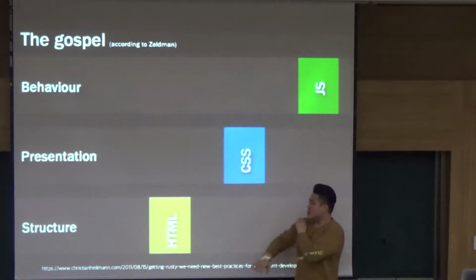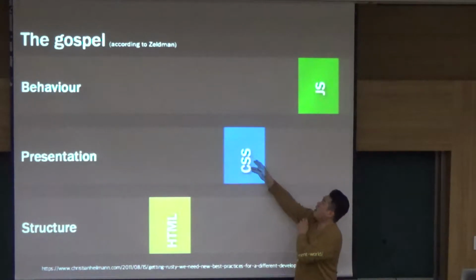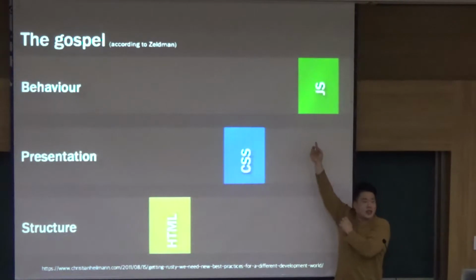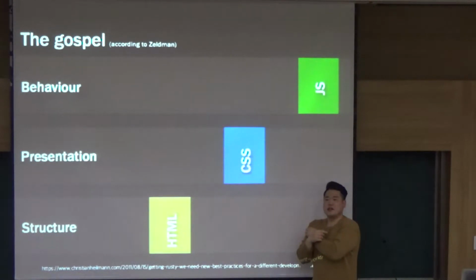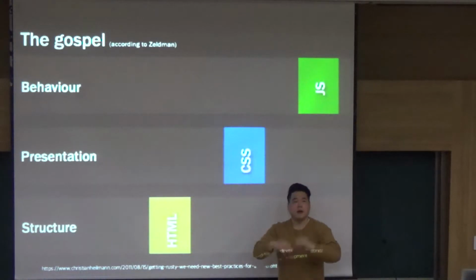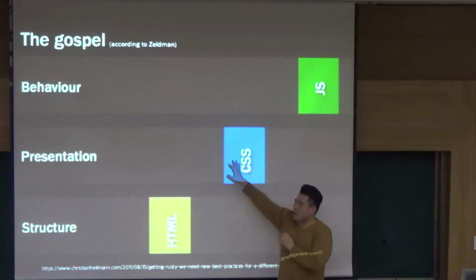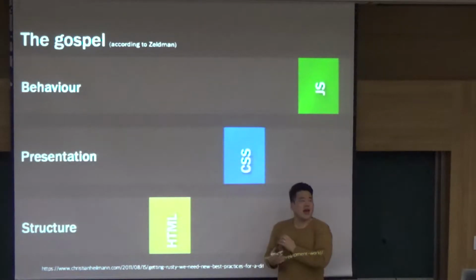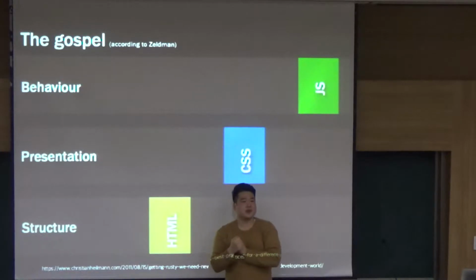So we have HTML and CSS for presentation, and we also have JS, JavaScript, for the action of your website. Let's say you click something, then some message pops up. It's not about structure. It's sort of about presentation, but it is about action. What your website can do for you.